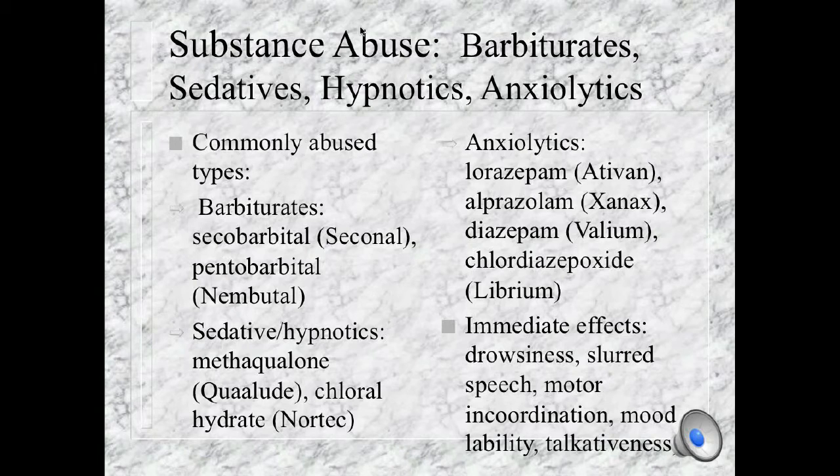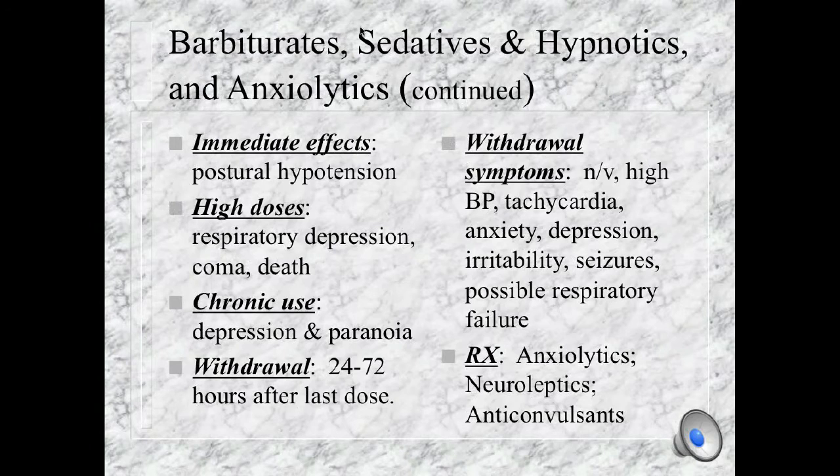They're going to have slurred speech, problems with motor coordination, mood lability, talkativeness. Think about someone who is now less inhibited because of the effects. It's very calming, very soothing, so they may become a little bit more talkative.